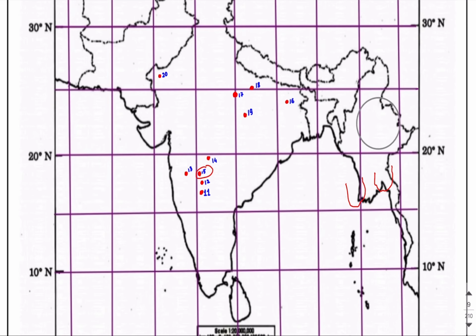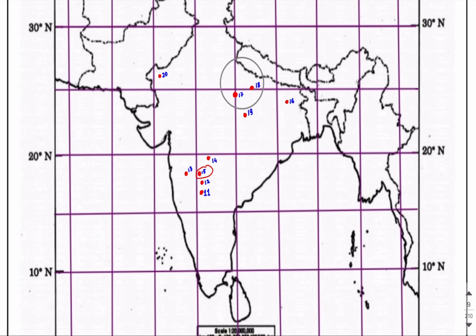Now let us move on to the 17th number, which is present in UP. This is your Kalpi, right? Kalpi, the Paleolithic site present in UP near the Yamuna river, right?